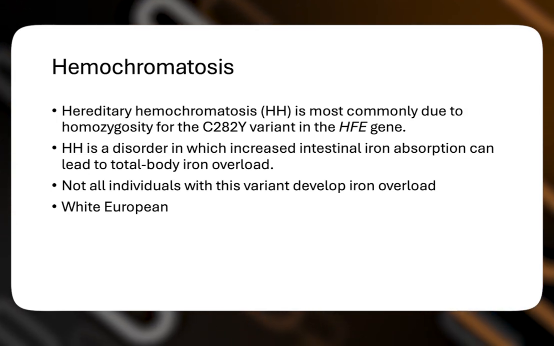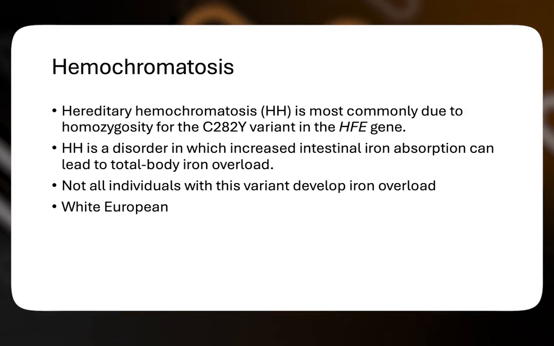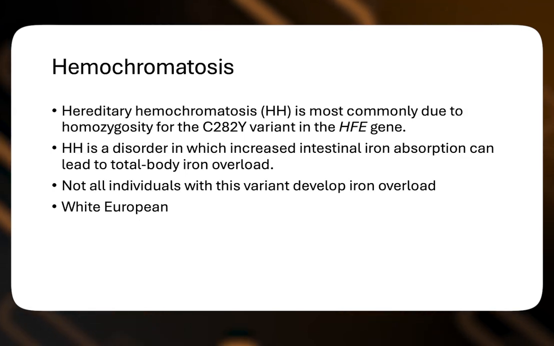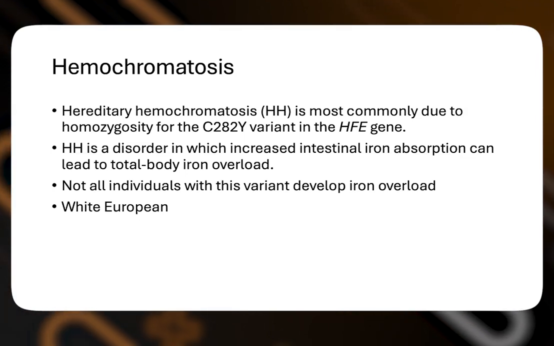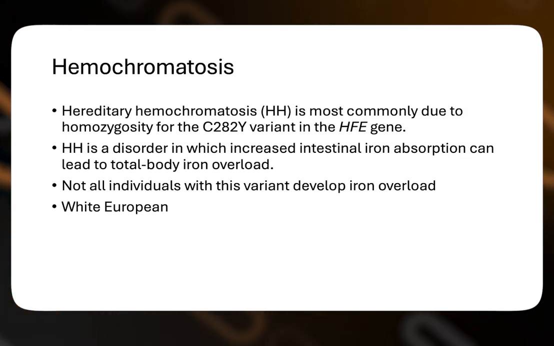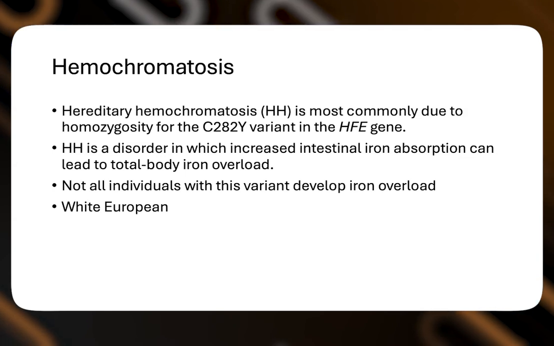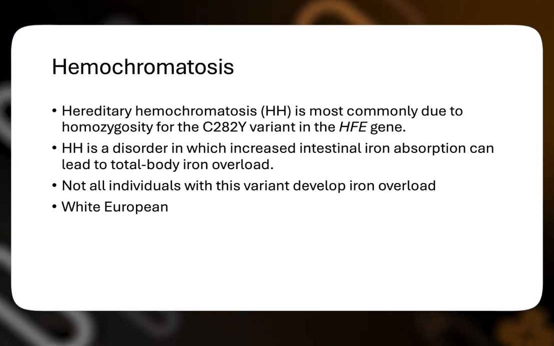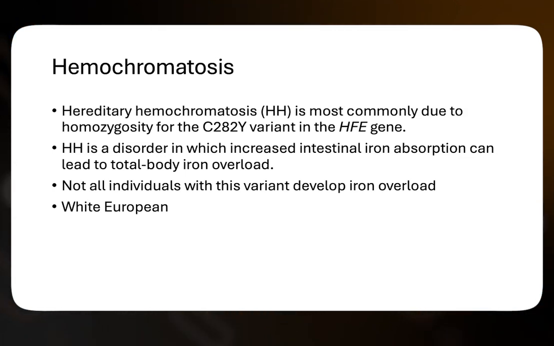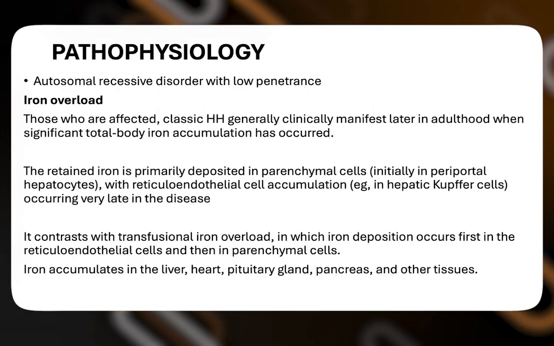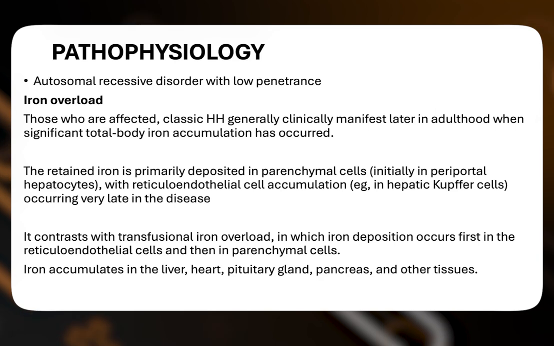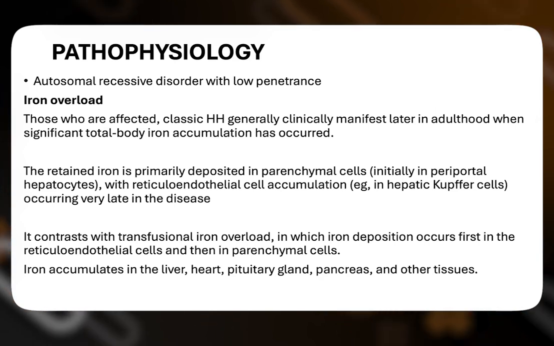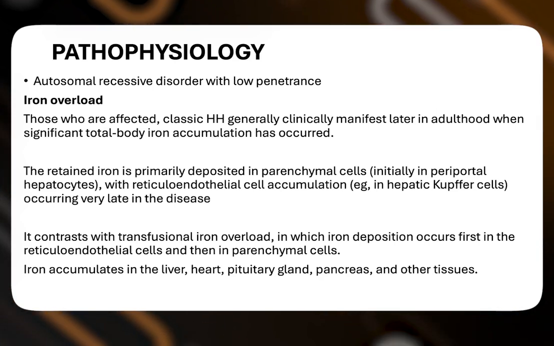But acquired or iatrogenic hemochromatosis with therapy is also quite common in any part of the population, particularly in the Middle East, where we have multiple transfusions in thalassemia or sickle cell. It's quite common. And even though it was considered rare, the incidence of hereditary hemochromatosis is increasing nowadays.